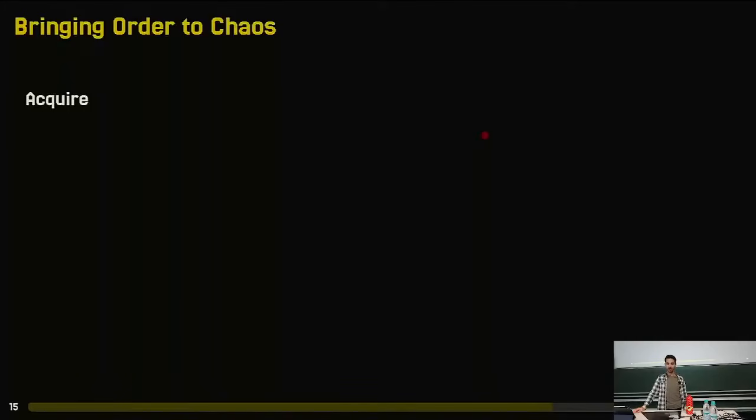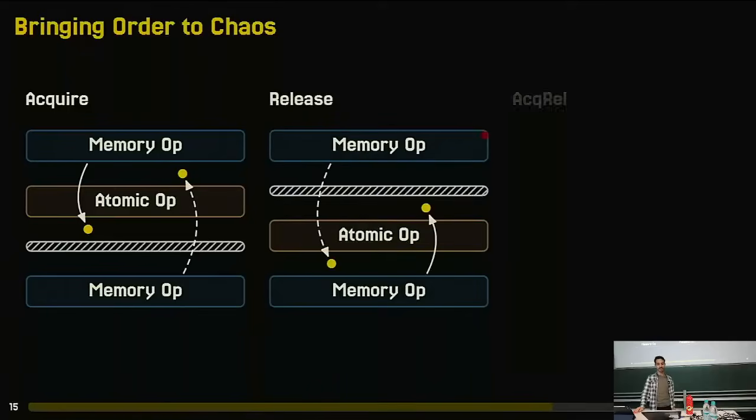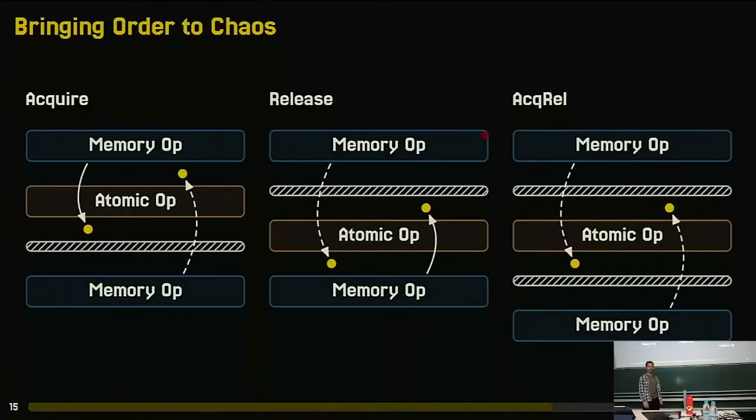But we will look at acquire and release and acquire release. And now I already spoiled everything, but those are the 3 most important ones, and those are also the 3 that power the lock-free stack that I am showing.